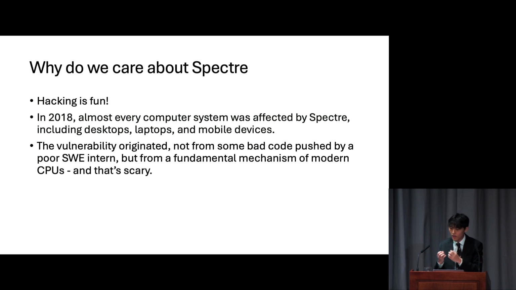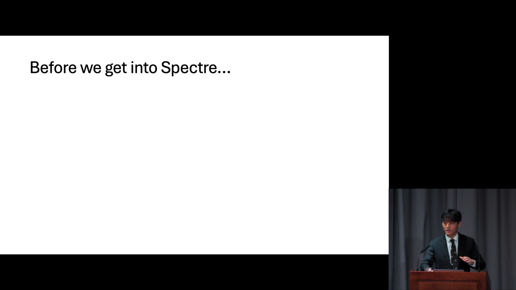It occurred from a fundamental mechanism and design choice of modern CPUs, which is speculative execution. Thousands of computer scientists all peer-reviewed each other and thought this was a great idea. It improves performance. Everything's great. And that's where it originated from. And that's quite scary and very interesting. Okay, so we kind of care about Spectre now.